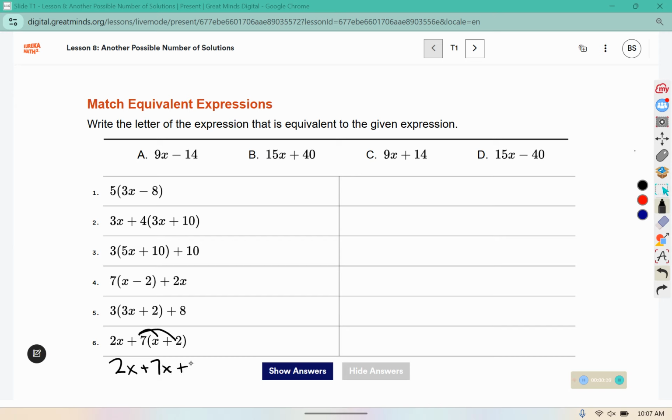And 7 times 2 would make 14. 2x plus 7x is 9x plus 14, which is C. You will continue to distribute and then combine like terms and determine which of the following expressions matches those questions.